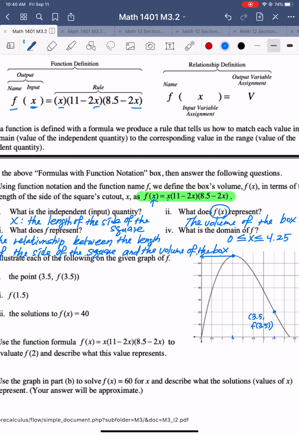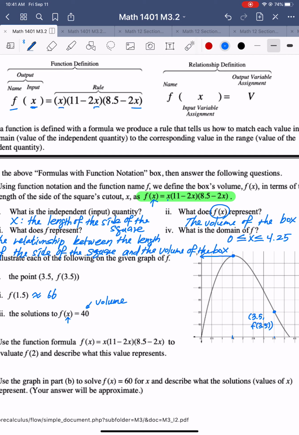When you read it, it's going to be about 66, which is, no, I mean that's cubic inches, right? Cubic inches. And then what is the solution to f of x equals 40? 40 represents the volume, which means this is the length of the side of the square.